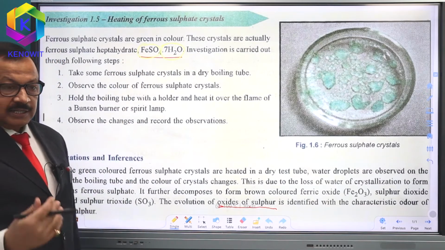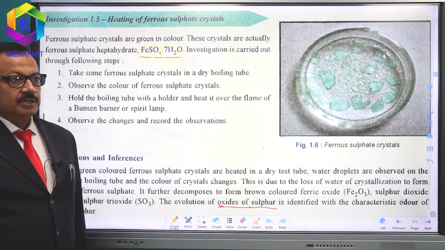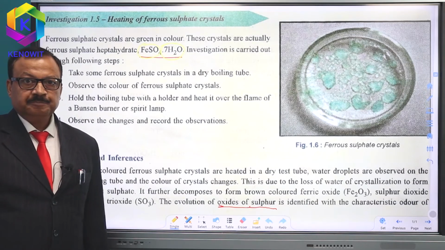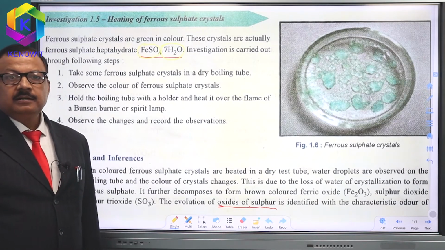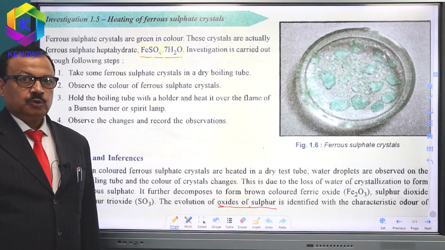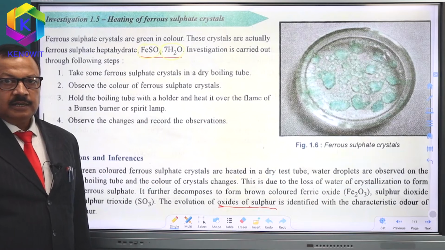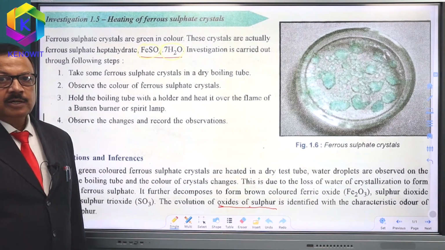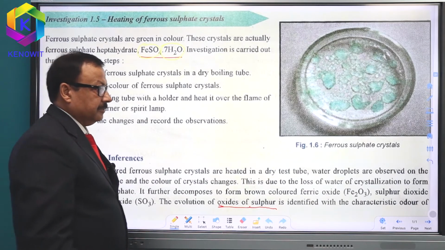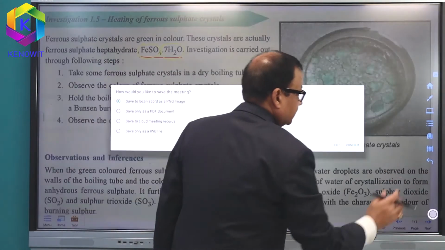On further heating, ferrous sulfate is converted into ferric oxide, sulfur dioxide and sulfur trioxide. The evolution of sulfur dioxide and trioxide is identified with the help of a smell like sulfur.